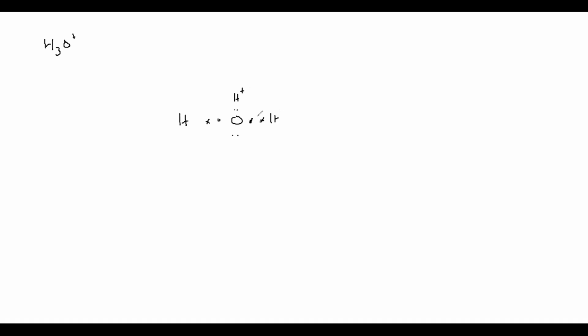So when you check how many bond pairs, the central atom is oxygen. How many bond pairs? One. The dative bond is also considered as a bond pair when predicting a geometry. 1, 2, 3. So three bond pairs are there on the central atom. And how many lone pairs are there? There is one lone pair. Then the geometry will be trigonal pyramidal.